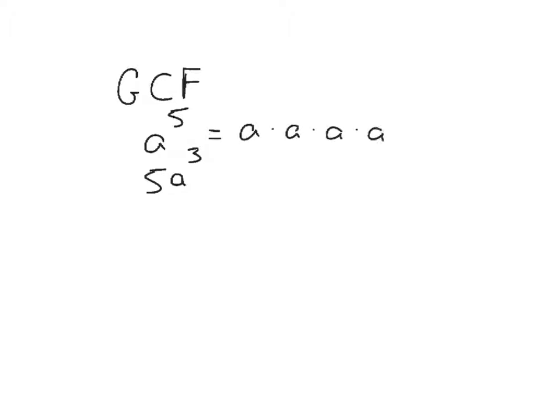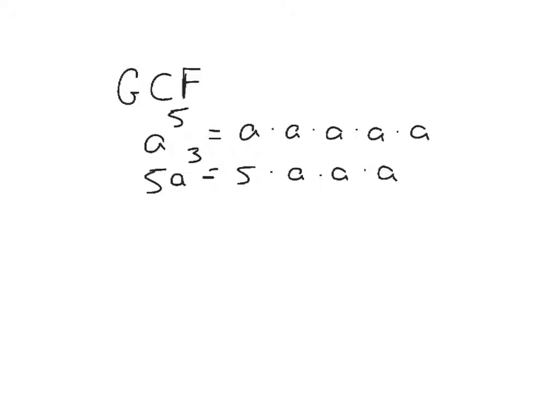We talked about the greatest common factor when just dealing with numbers. Let's talk about the greatest common factor when dealing with algebra. If you have a to the 5th and 5a to the 3rd, and I want to know what is the greatest common factor of those, well, for a to the 5th, if I once again wrote out the factors, a times a times a times a times a, and for 5a to the 3rd, the factors would be 5 times a times a times a.